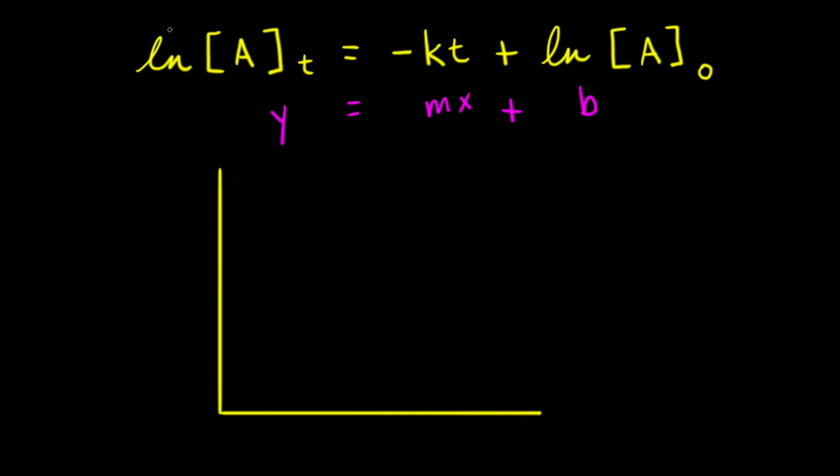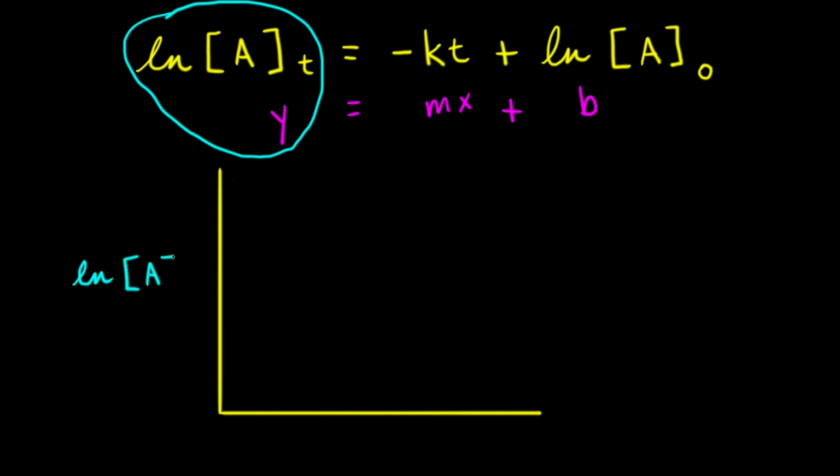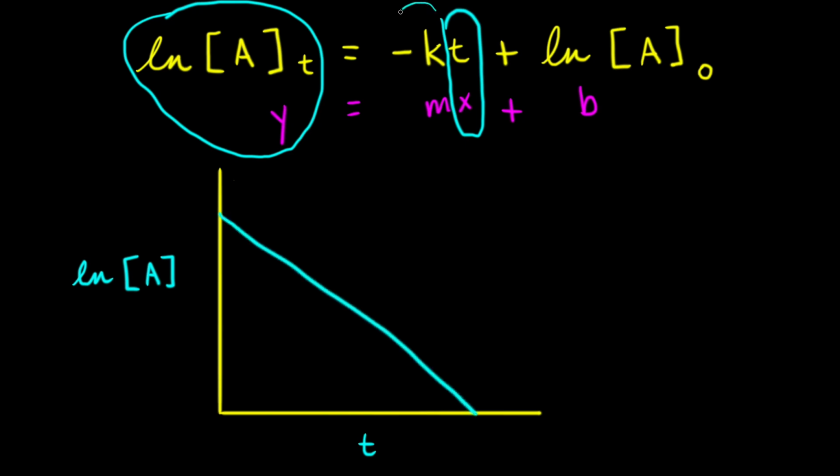So if we were to graph the natural log of the concentration of A on the y-axis, and on the x-axis we put the time, we would get a straight line, and the slope of that straight line would be equal to negative k.